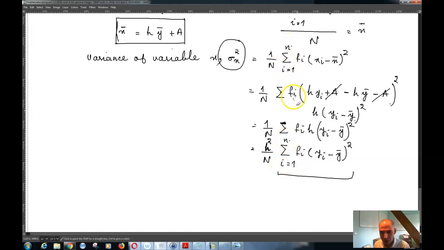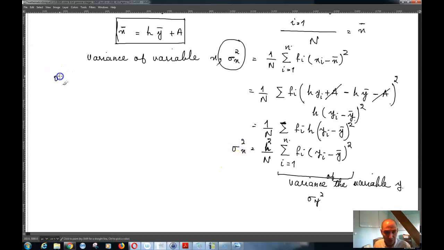That means that this is the variance of the variable y, which you can call basically sigma of y squared, and that is sigma of x squared.